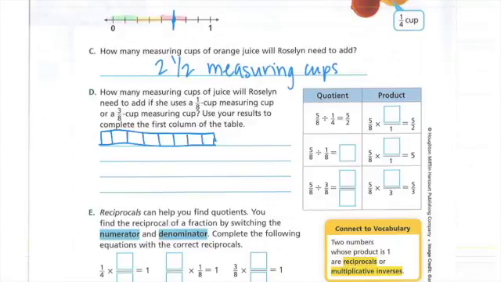And she has 5 of them. So 1, 2, 3, 4, 5. And now if she's going to use a 1/8 cup measurer, well, here's 1, 2, 3, 4, 5. So if she uses a 1/8 cup measurer, she has to do it 5 times.